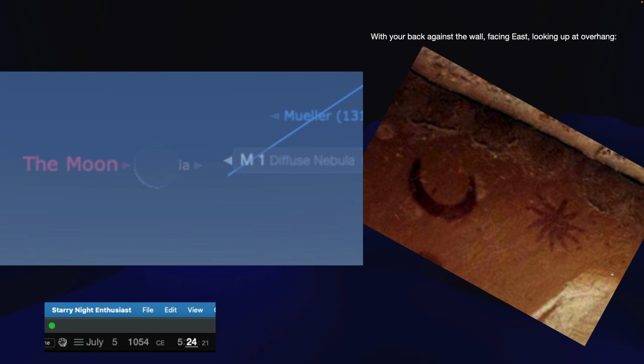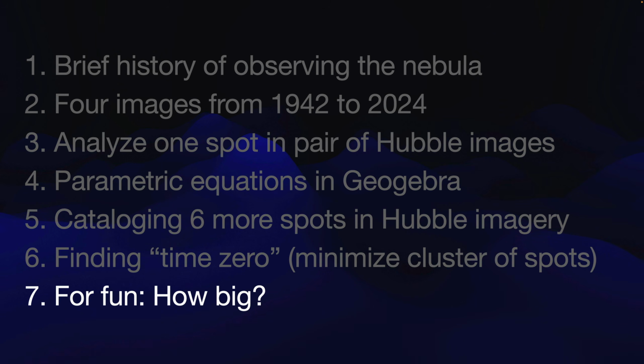And so I think that's a pretty good representation, because it is a very, very thin crescent moon, and the nebula is literally less than a degree away in the sky. And so I think that's pretty convincing, or at least it's a very close correlation with the cave painting.